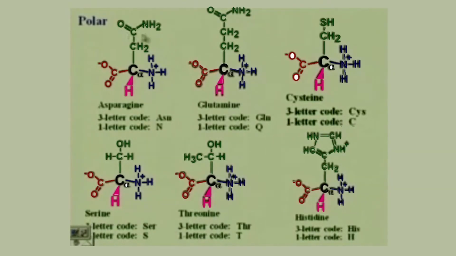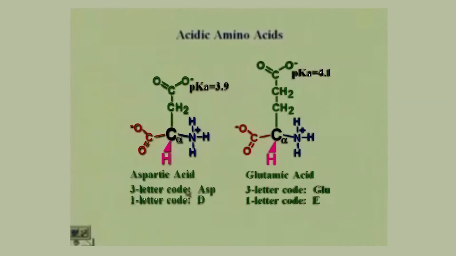Now, we know that an amide comes from a carboxylic acid. So, the asparagine comes from a specific carboxylic acid. Similarly, glutamine also comes from a carboxylic acid. So, we group them into what are called acidic amino acids, and we call the specific acids aspartic acid, which gives rise to asparagine, and glutamic acid, which gives rise to glutamine.